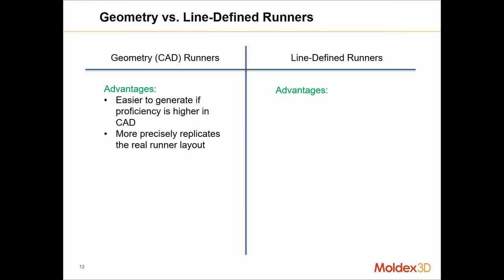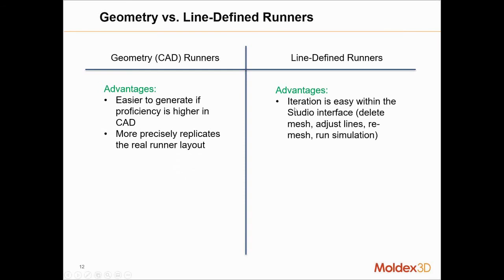Sometimes there are limitations as far as what the line-defined runners can show, or the volume that the line-defined runners can create. So sometimes you do run into that sort of limitation, but I'll say for probably 80 to 90% of the runner systems out there, Moldex3D can accurately define what's going on in the runner system.